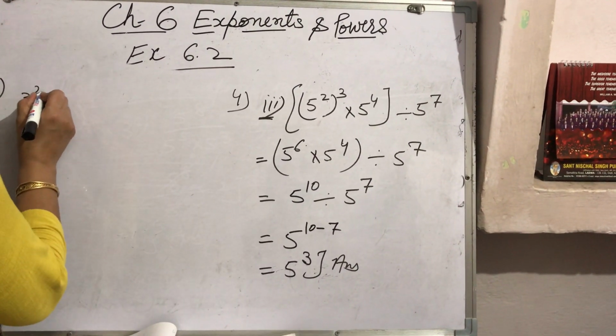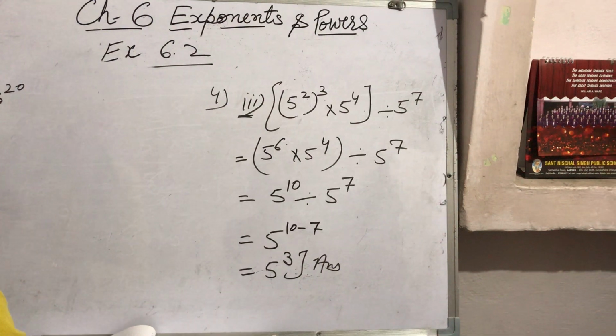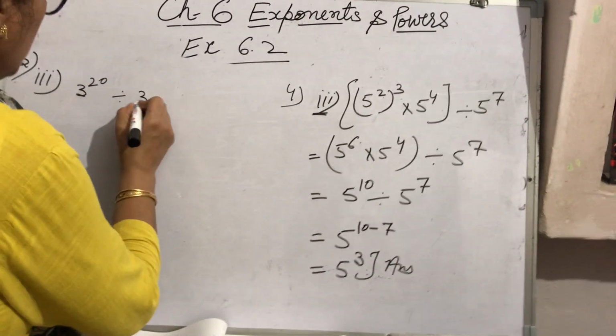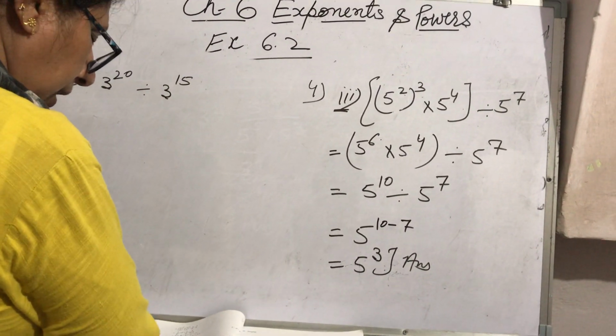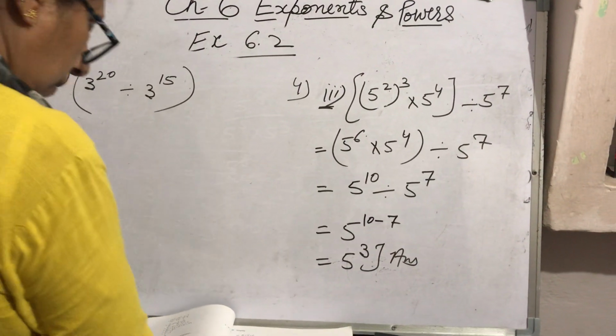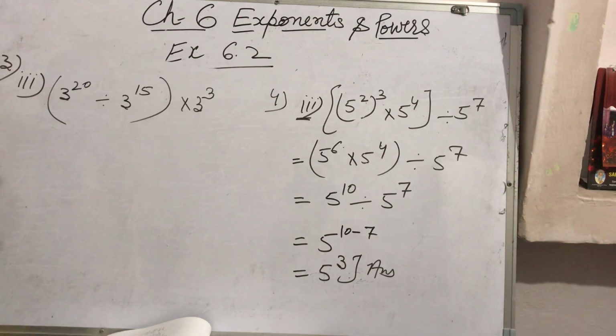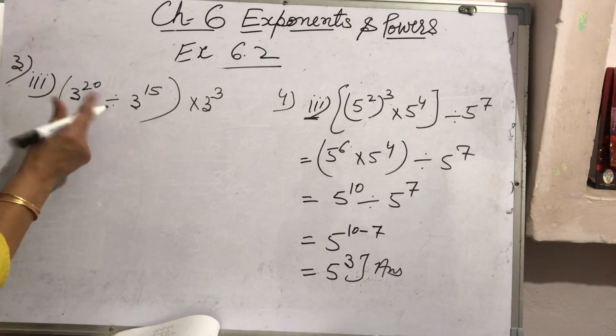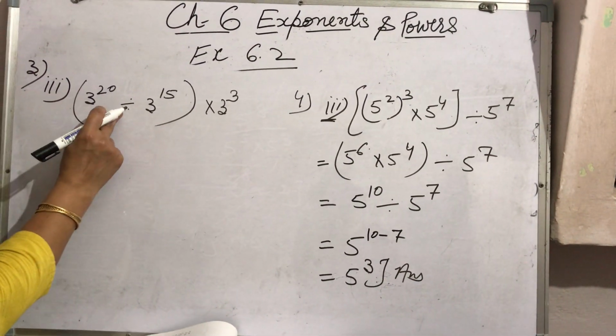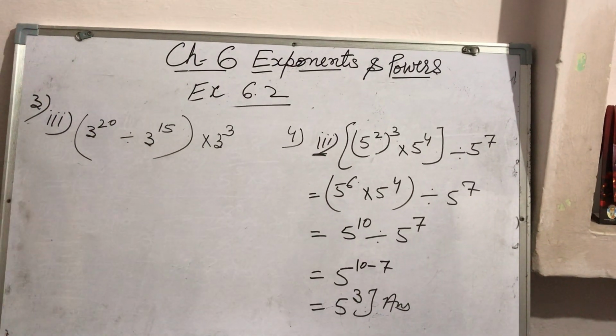3 raised to power 20 divided by 3 raised to power 15, multiply 3 raised to power 3. Again same base is there, division is there, so we have to subtract the powers.